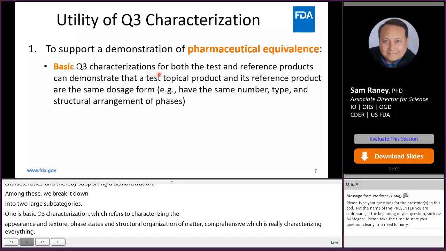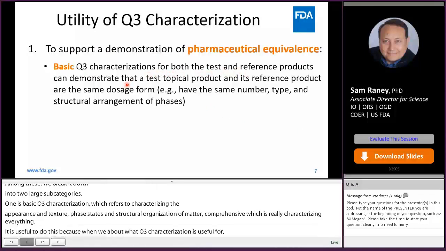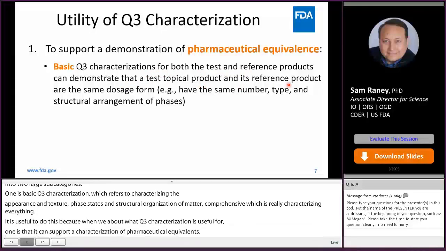Basic Q3 characterization for both the test and reference products can demonstrate that a test topical product and its reference product are the same dosage form. In other words, they have the same number, type, and structural arrangement of phases, and thereby, by demonstrating that it's the same dosage form, one can support a demonstration of pharmaceutical equivalence.